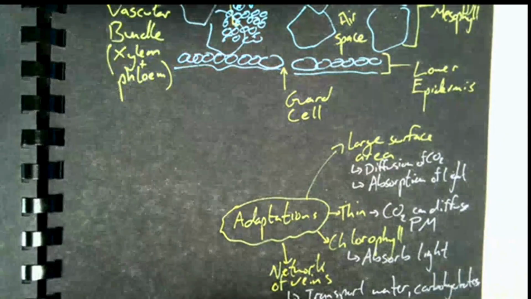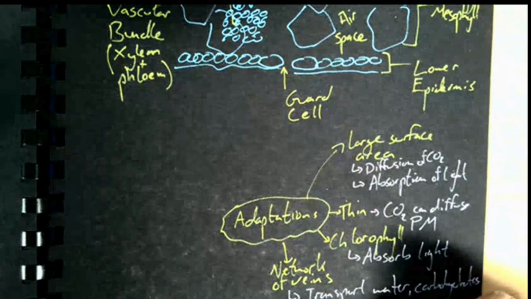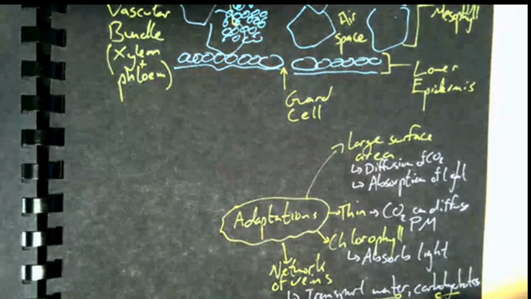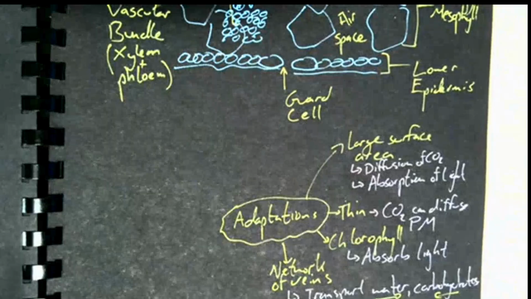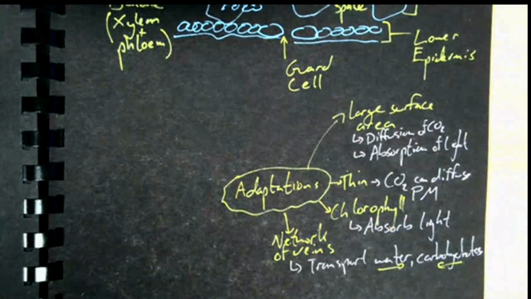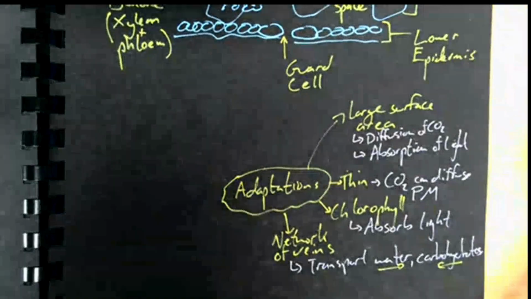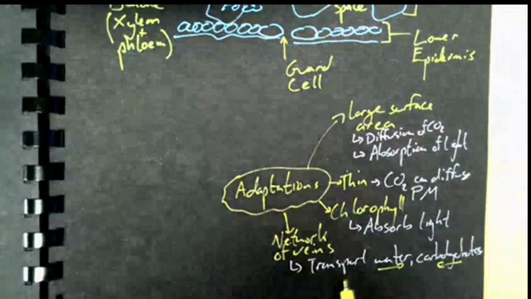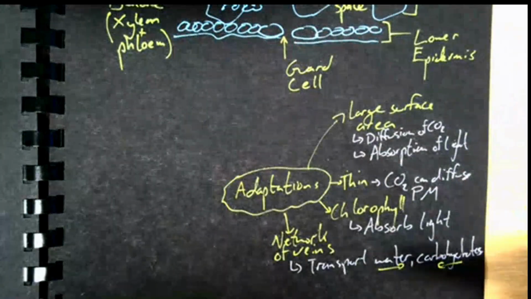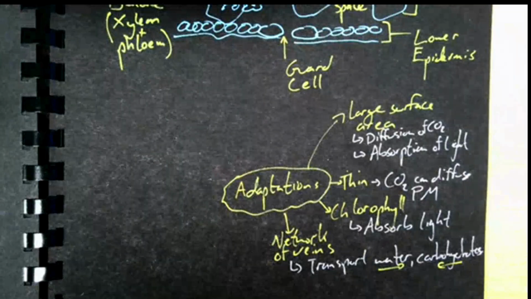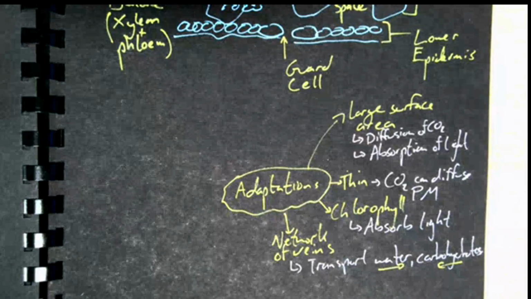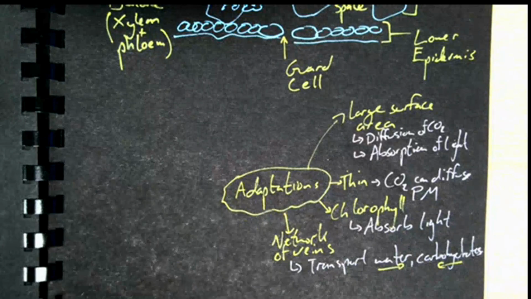And if we think about the direction of these, the water needs to go to the leaf, and the carbohydrate is being made in the leaf by the process of photosynthesis, and it's going to need to travel around the rest of the plant. So network of veins allows a supply of water to go to the leaf structures, and then for carbohydrate, which is a product of our photosynthesis, to then be transported around the rest of the plant where it is required.